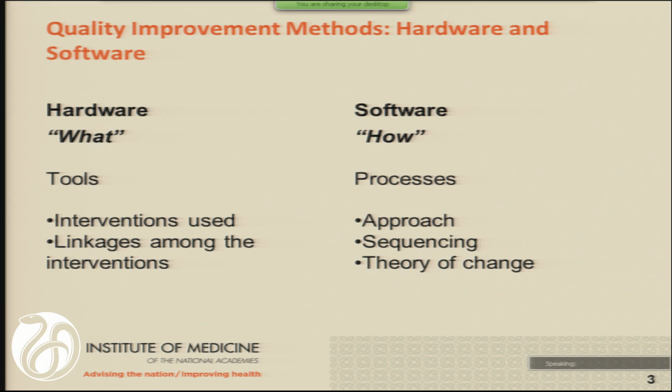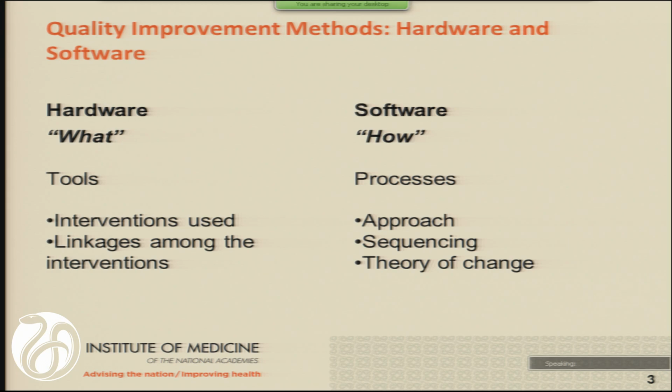But then there is a very important software component, which is how these interventions are designed and implemented in different contexts. So these are the processes, as was mentioned in the earlier presentation. And these processes relate to the approach used, the sequencing of the interventions, and the theory of change used.